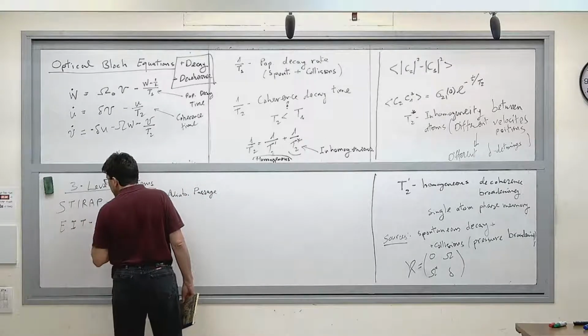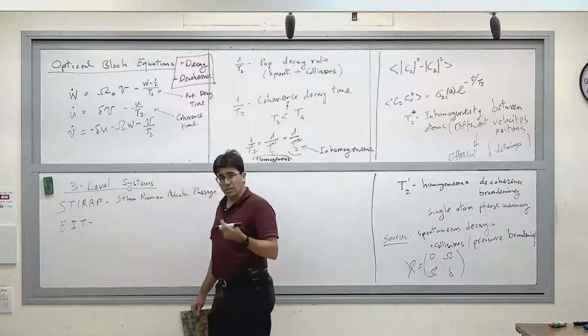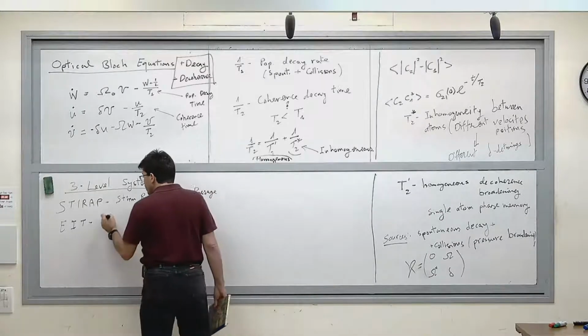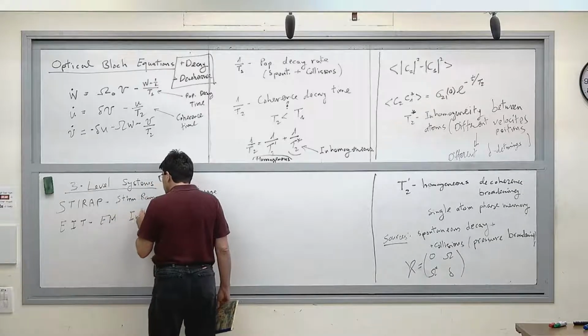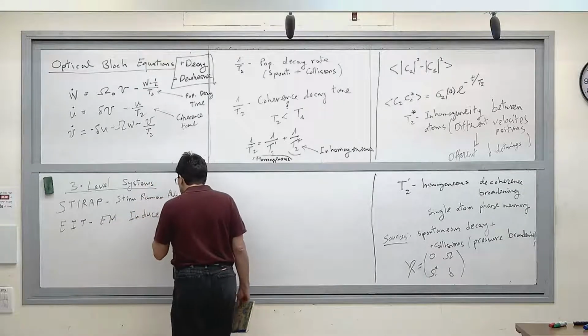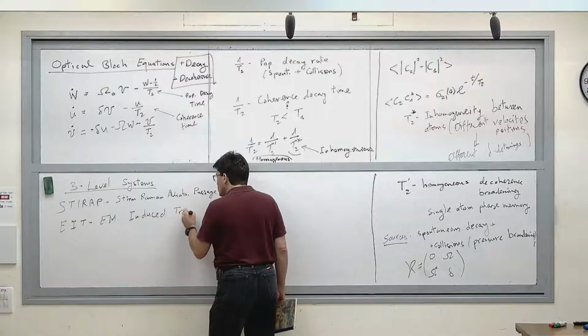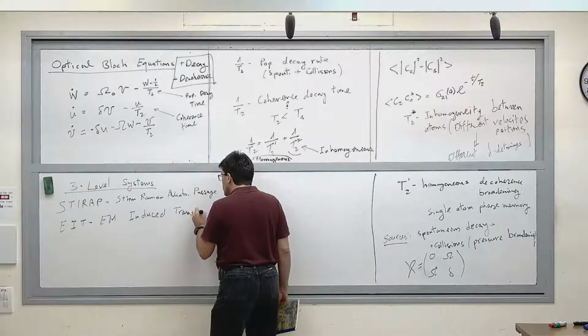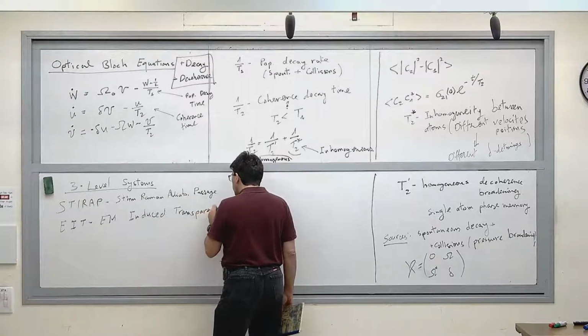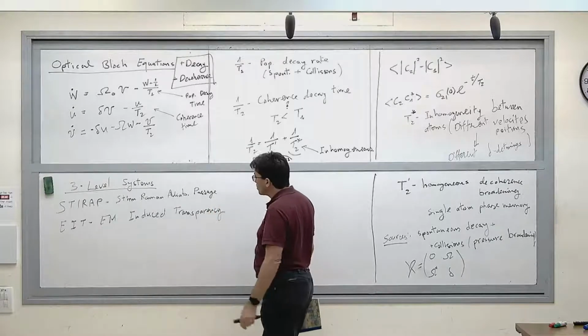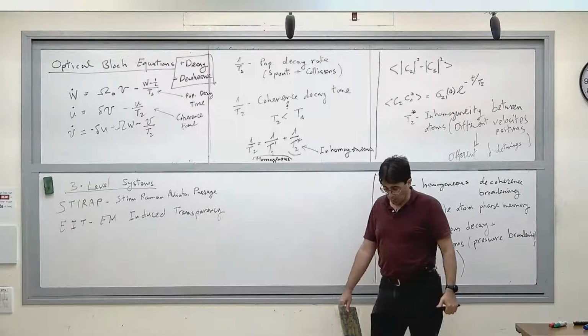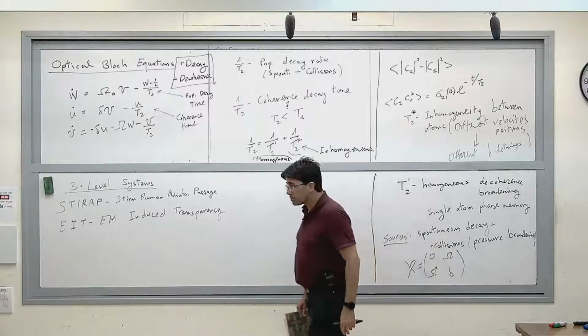EIT, electromagnetically induced transparency. What does it mean? It means that I have a medium.